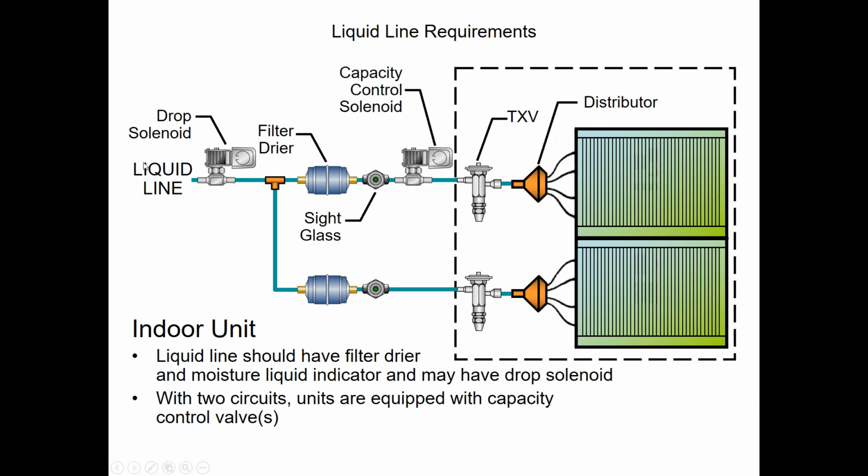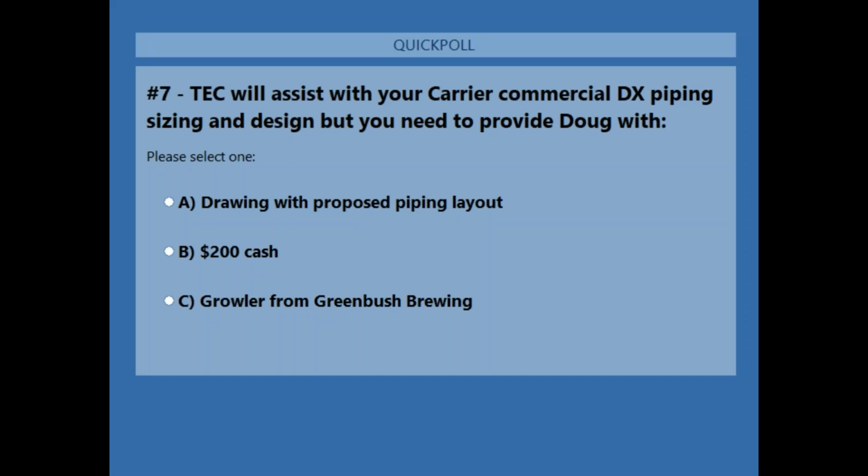All right. Let me throw one more poll question up, and then we're going to move along here. Yeah, let me back up on this one too. Wait, I already launched it, so no one can see what you're seeing at the moment. Everyone answer quickly so Doug can go back to the slide. My fault. Doug's going to assist you with your commercial piping sizing and design if you provide one of these 3 things: a drawing with a proposed piping layout, $200 in cash, or a growler from Greenbush Brewing. Chances are he would do it for 2 of those.